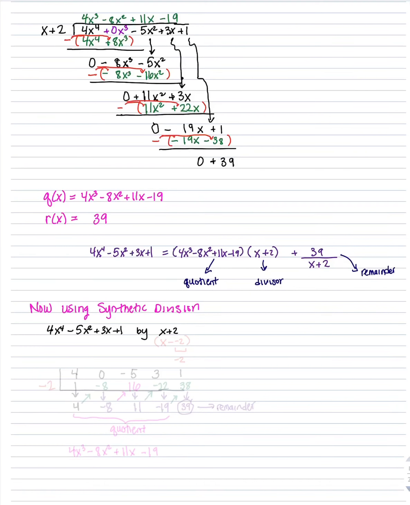So this is the same form as x minus negative 2, remember? So then our k is negative 2. So for synthetic division, we have our negative 2.